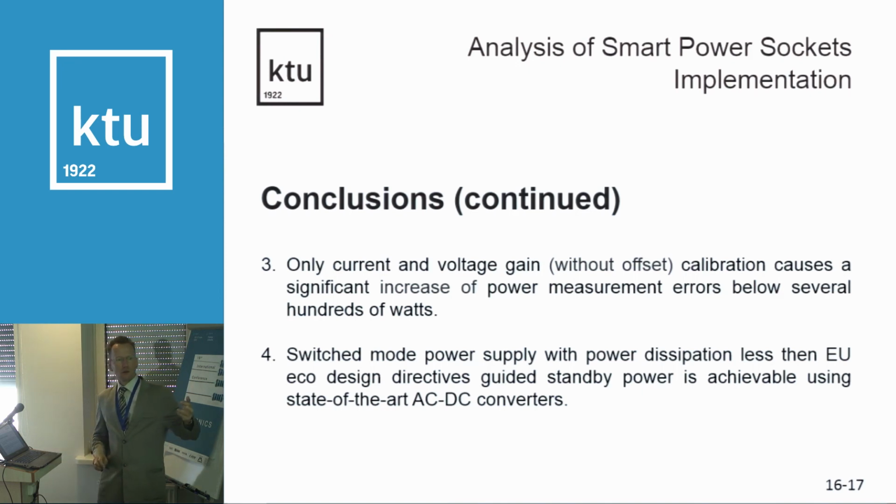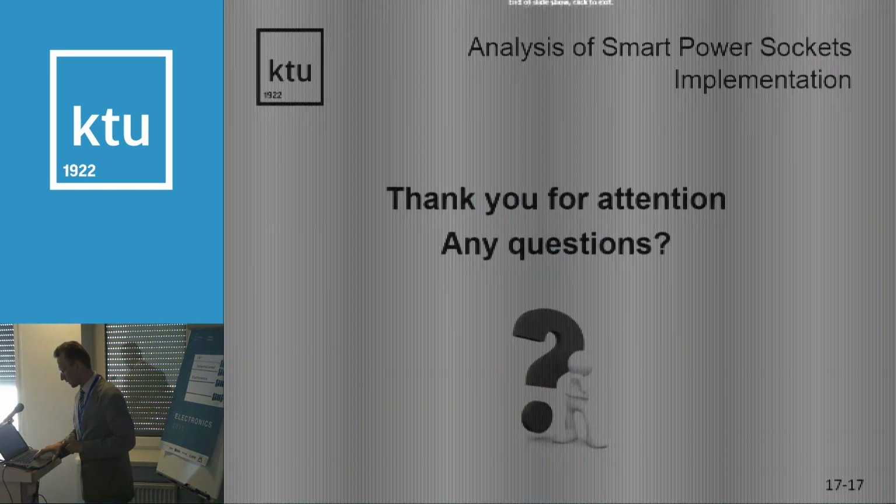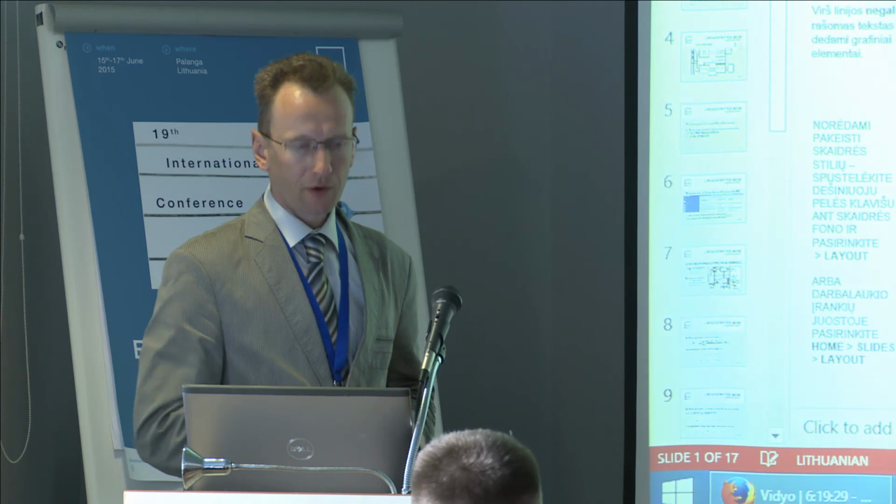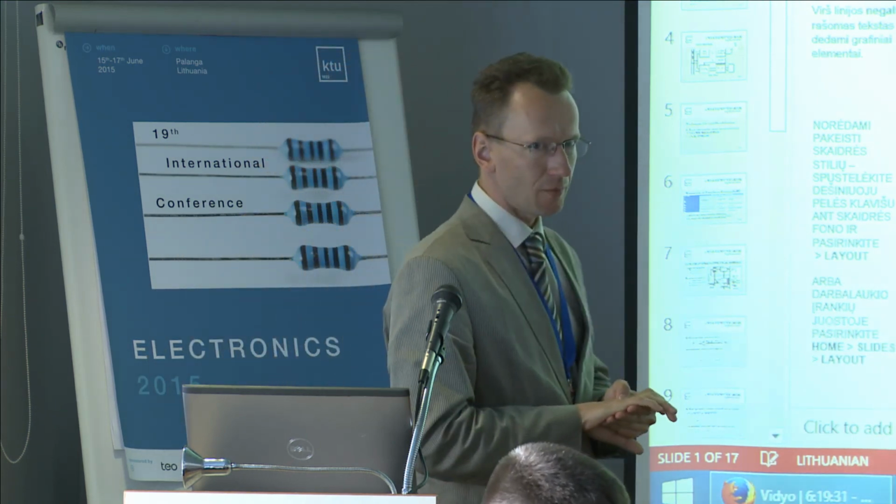And a switched mode power supply with power dissipation less than the EU eco-design directives' standby power is achievable using state-of-the-art AC-DC converters. Several companies were investigated. And then, thank you for listening. If you have any questions, I would be glad to answer.